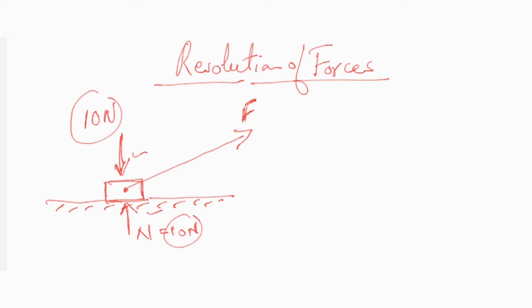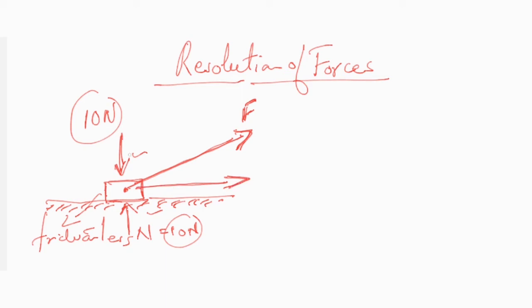If this brick is being pulled by a force F, two things are going to happen, right? Can you tell me what they are? For the time being, we'll assume that this particular ground is frictionless. So as soon as a force is applied, the brick will start moving in this direction. Am I right?